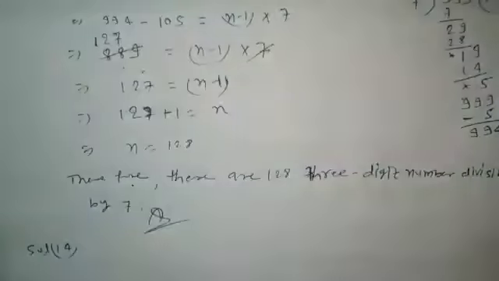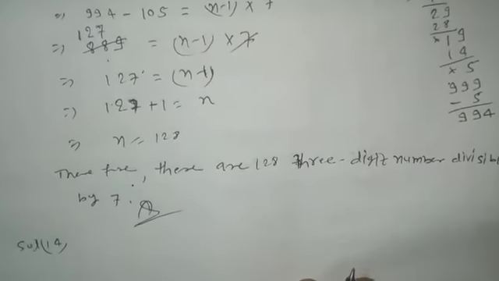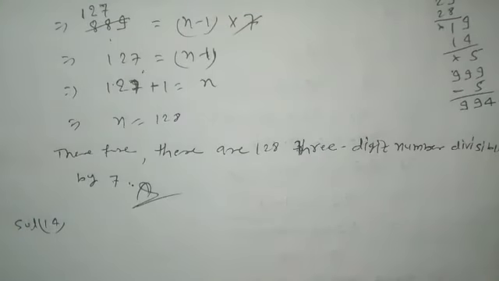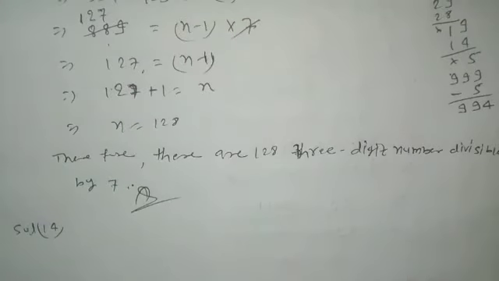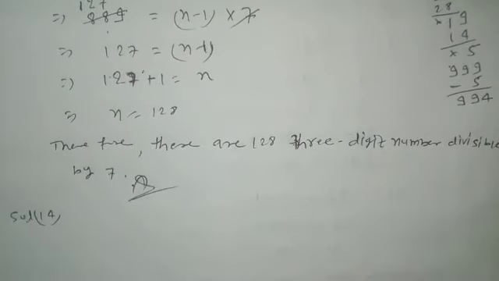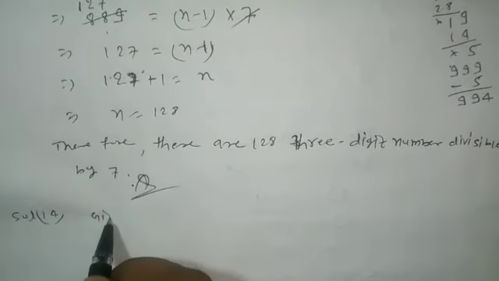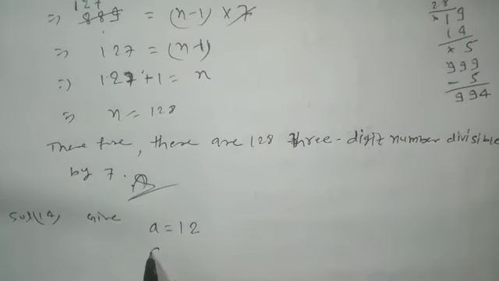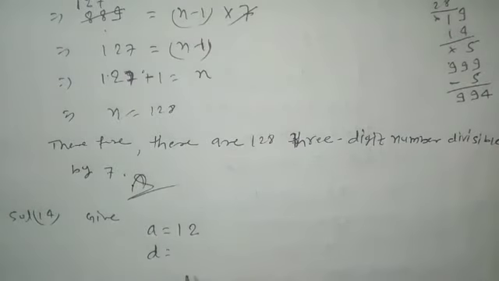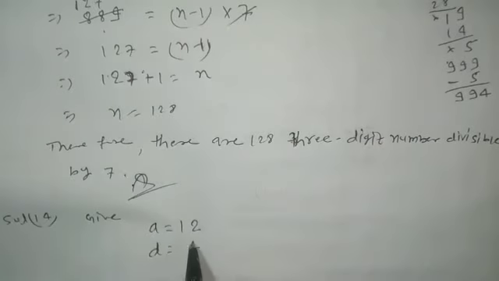Now after 10, the first number which is a multiple of 4 is 4 3 are 12. So we have A is equal to 12. D is equal to 4, because all the numbers are multiples of 4.